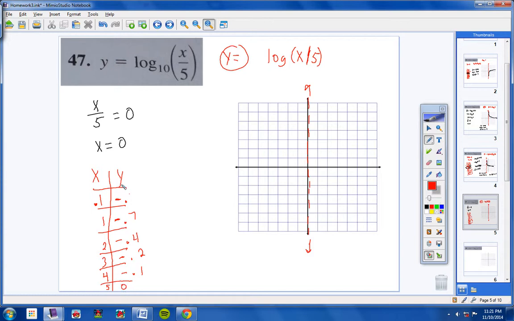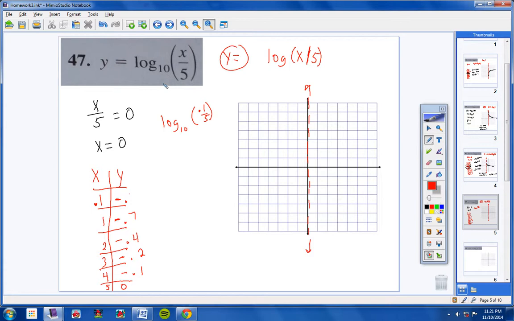Putting 0.1 in, we have log base 10 of 0.1 over 5. Your calculator does base 10, so just clear your screen, come out of your graphing mode, and just hit log, and then 0.1 divided by 5.